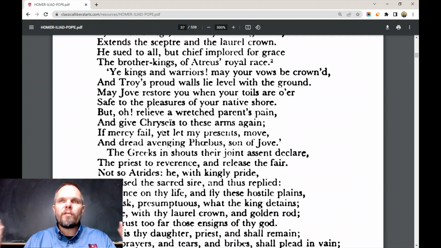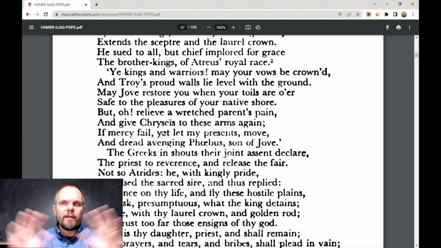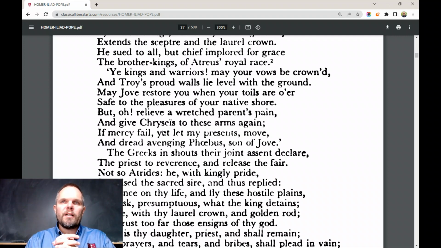May Jove restore you when your toils are o'er, safe to the pleasures of your native shore. So Chryses gives a blessing to the Greek people as a priest of Apollo. He says, may your vows be crowned, may your battle with Troy be successful, and may you all return home safely to your homes after the war. That's his blessing upon the people.